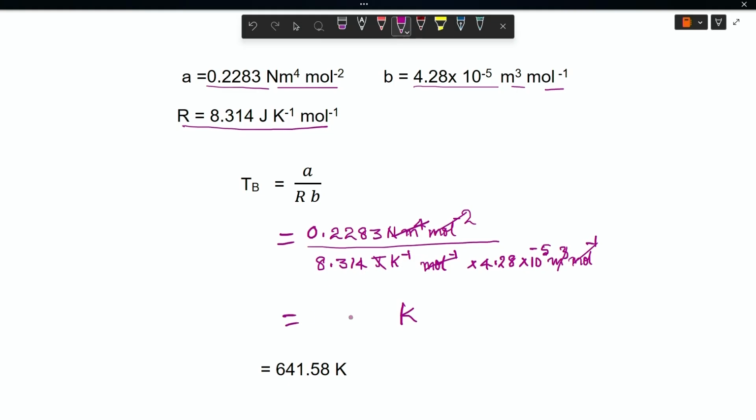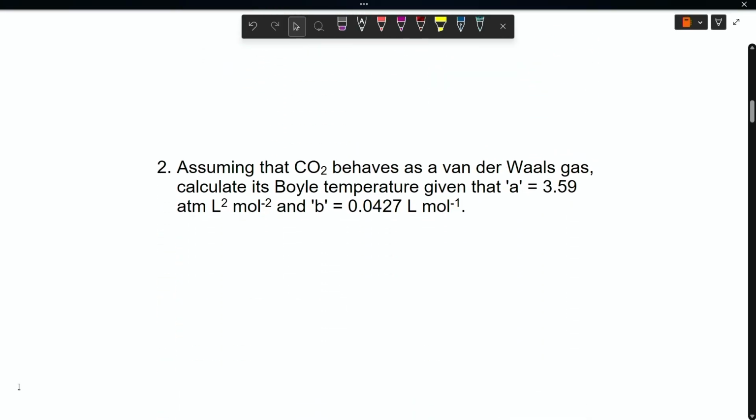Solving this using a calculator, you will get the value as 641.58 Kelvin. Note that the answer goes wrong if the value of R chosen is wrong. So, next one is another problem.